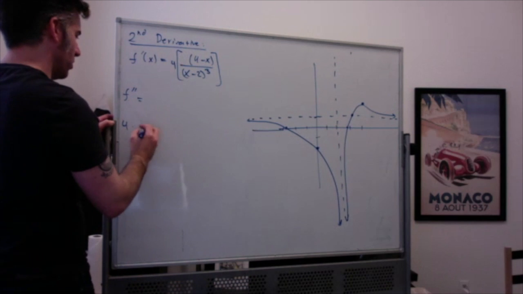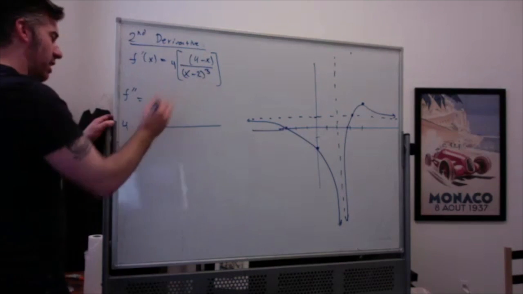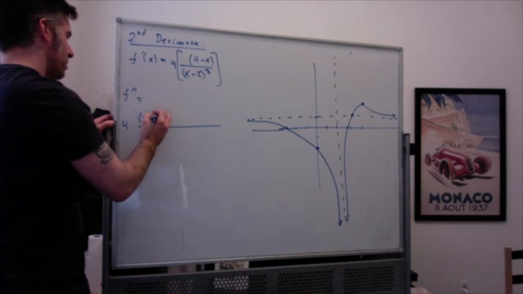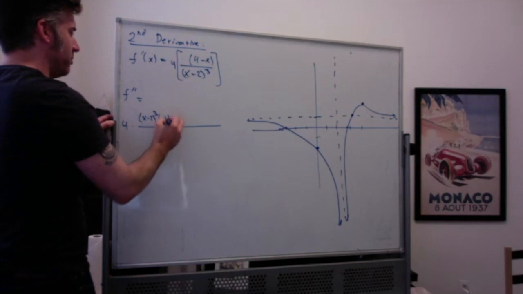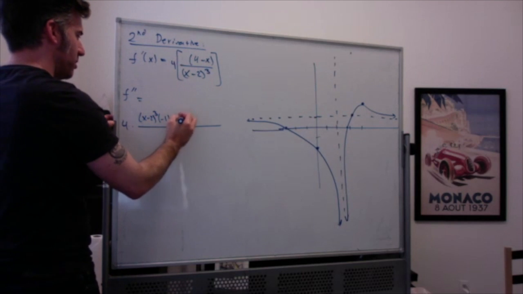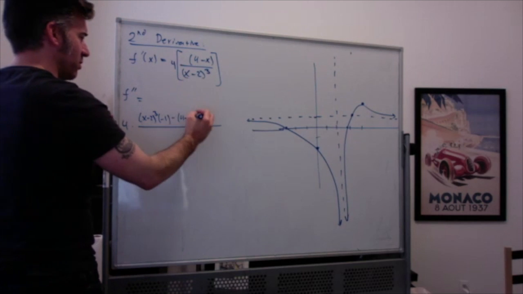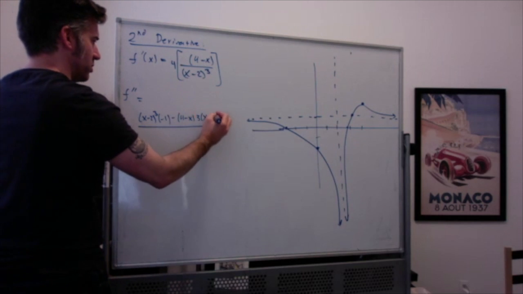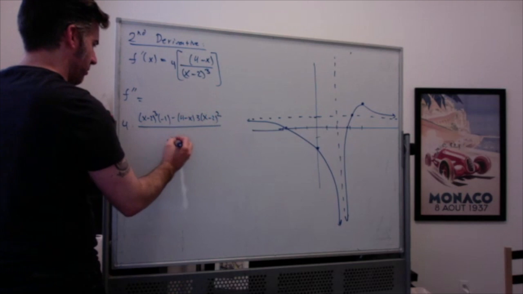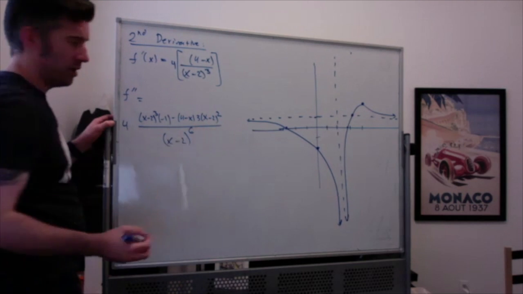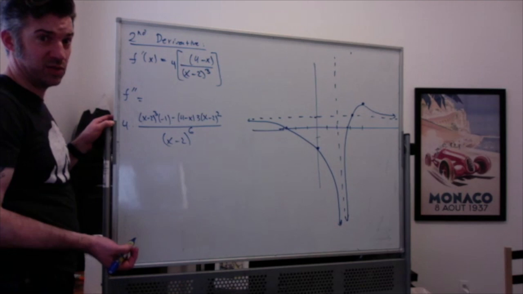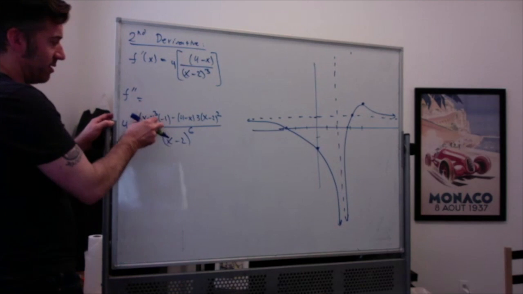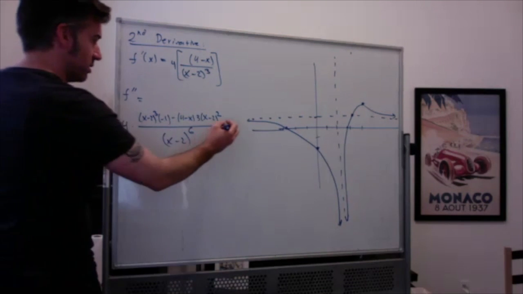So using the quotient rule, it's going to be the bottom times the derivative of the top, which is -1, minus the top, times the derivative of the bottom, which is 3 times x minus 2 squared, all over the bottom squared. x minus 2 cubed squared is x minus 2 to the 6th. And I can factor out an x minus 2 squared from each of these.